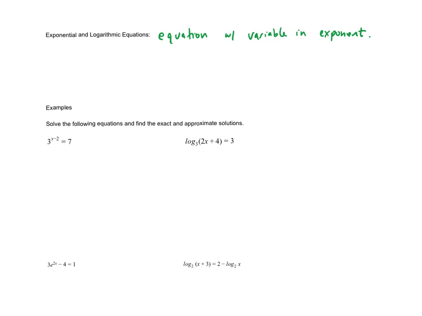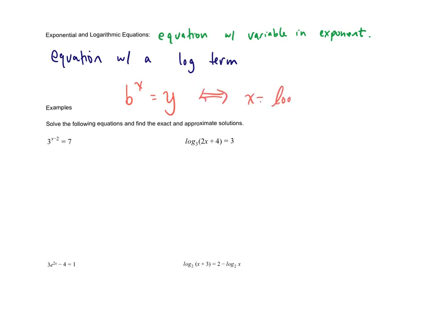And a logarithmic equation is simply going to be an equation with a log term in it. So one of the biggest ways we're going to solve these is by switching forms. Like we talked about, b to the x equals y is the equivalent of x equals log base b of y, where the exponent goes by itself.